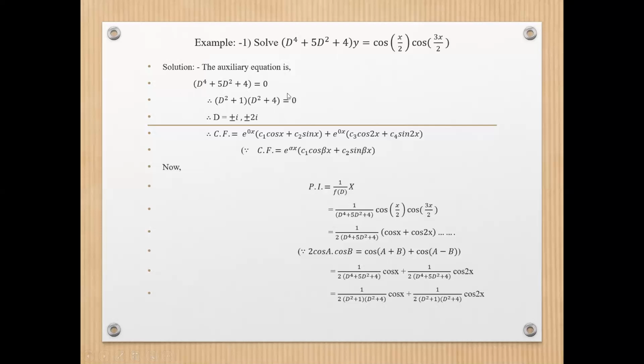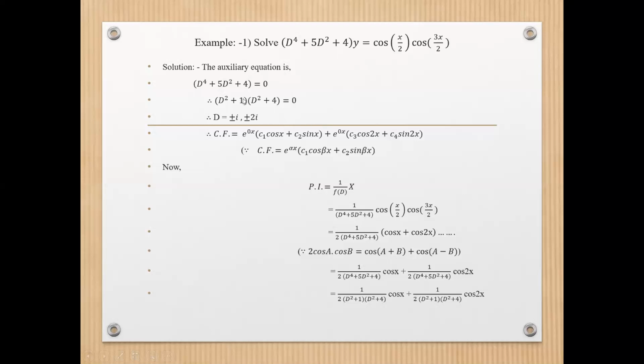If we take two numbers 1 and 4, whose product is 4 and whose sum is 5, then 1 and 4 are the factors. So this can be written as D to the 4 plus D square plus 4D square plus 4. Taking common factors, we write this equation as D square plus 1 into D square plus 4 is equal to 0.